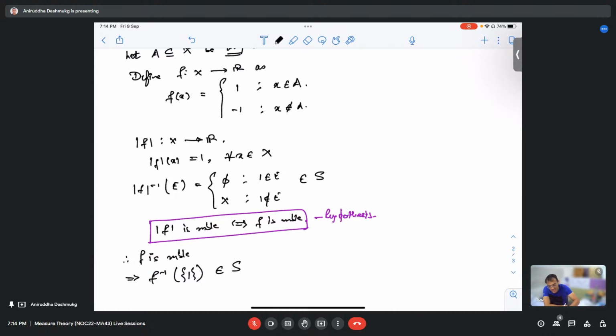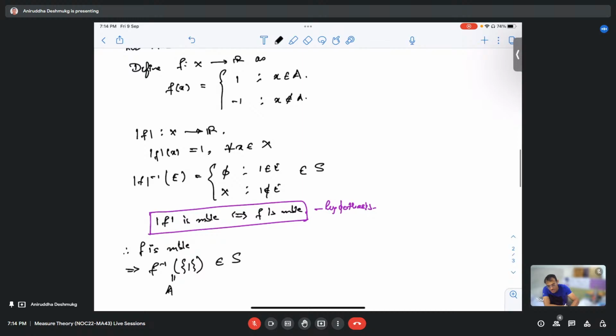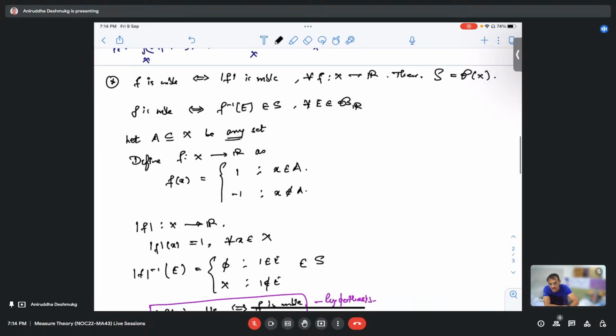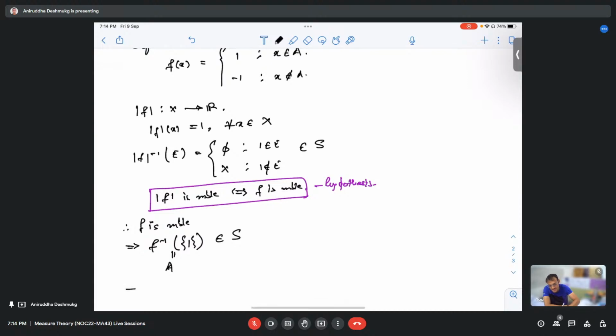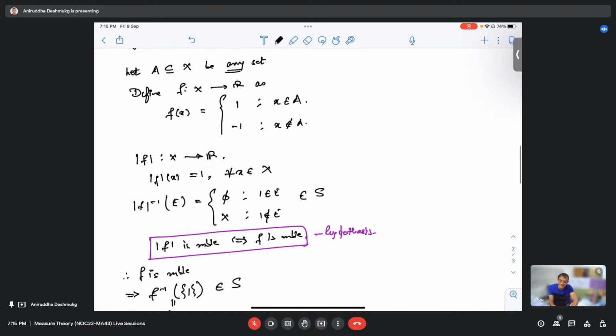It is A, right? So A belongs to S. What I said is, you start with any set in X, and that set is inside S. What does this mean?